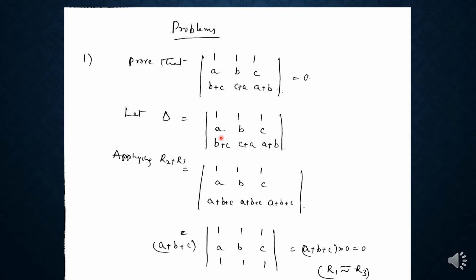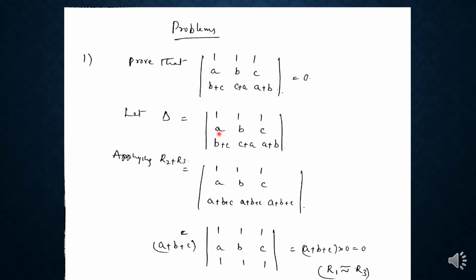So we are not changing R2. R1 and R2 are constant, but we are changing R3 by adding R2 and R3. Here R1 is constant. What is R1? 1, 1, 1. R2 is also constant, a, b, c. Now we are changing R3 as R2 plus R3.